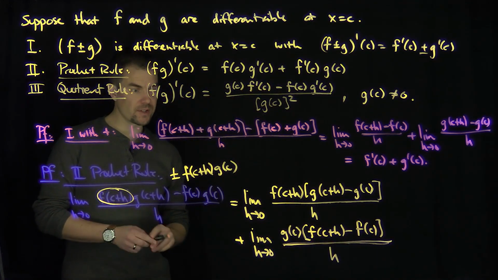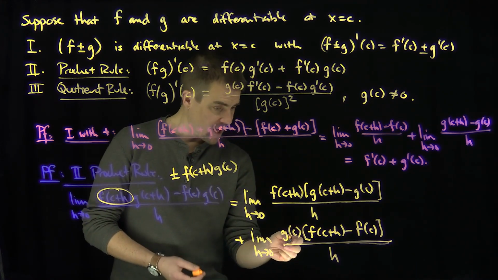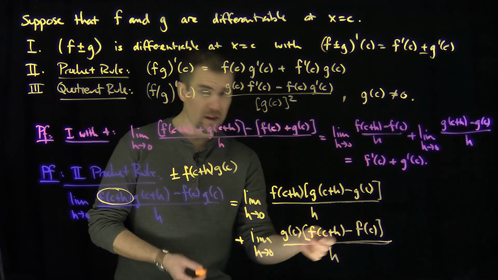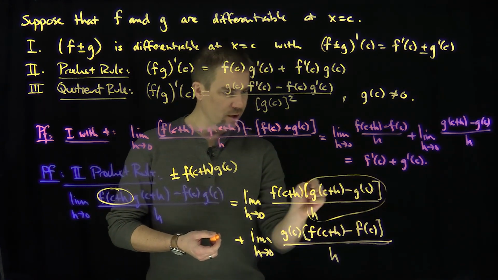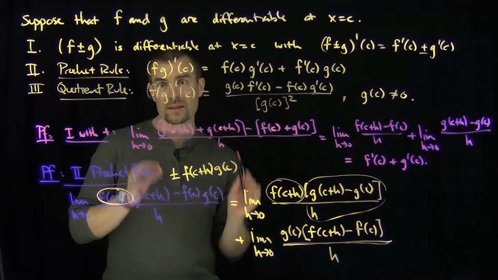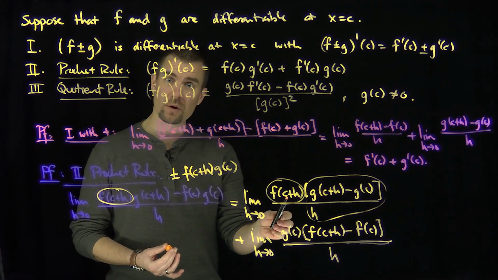I know that both these limits exist. Let's examine why. In the second limit, g of c is just a constant, and the rest of the limit exists by the fact that f is differentiable. The first part exists because g is differentiable. And since f of c plus h depends on h, but f is differentiable at c, it's also continuous at c, so as h goes to 0, this will converge to f of c.